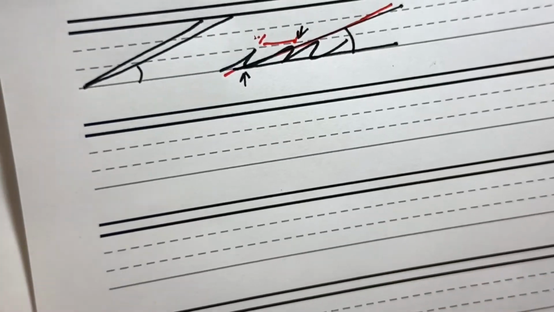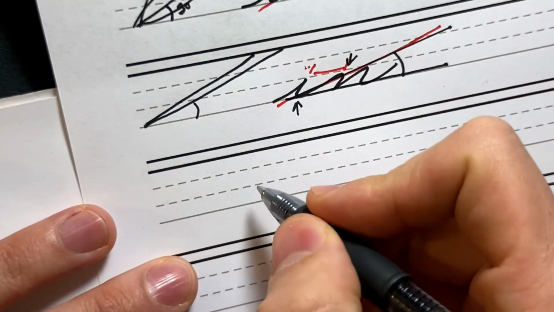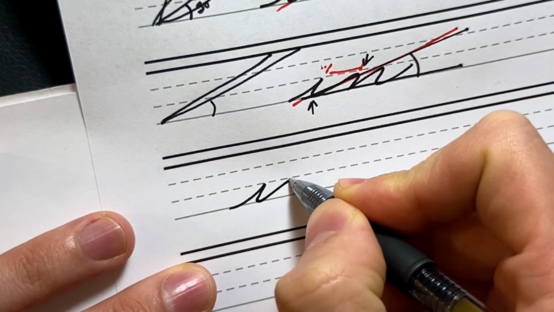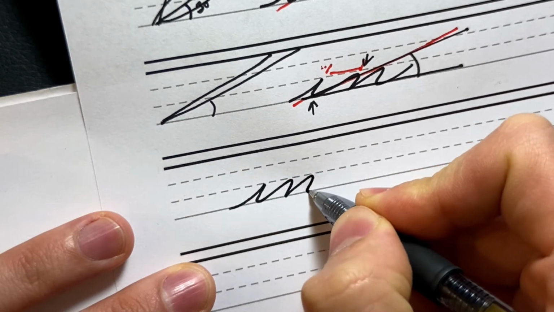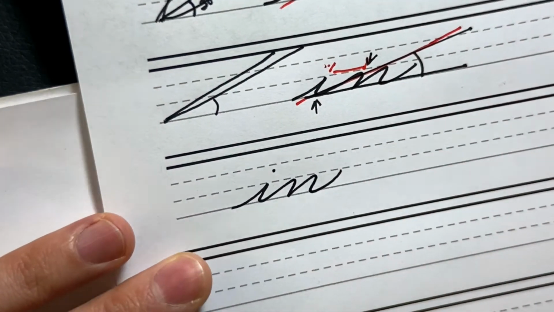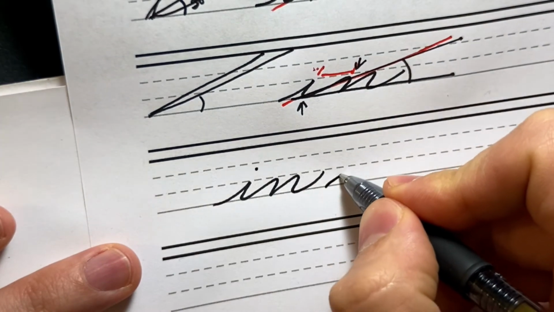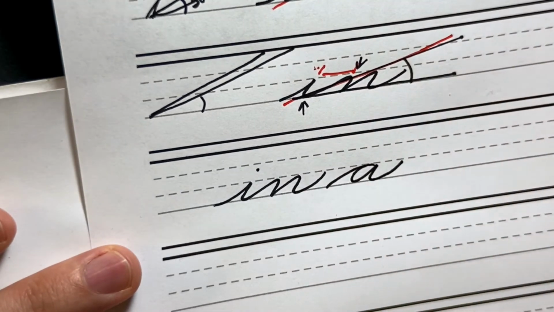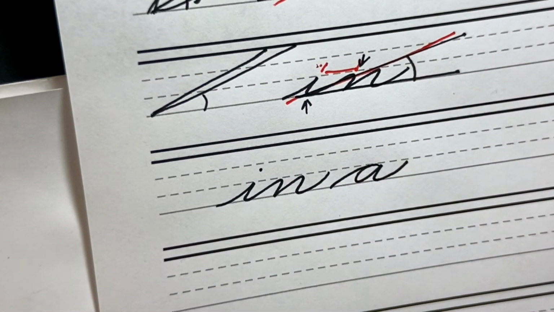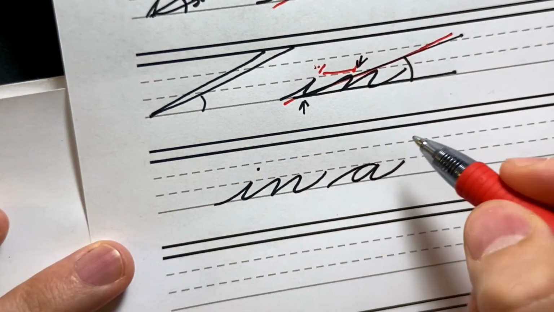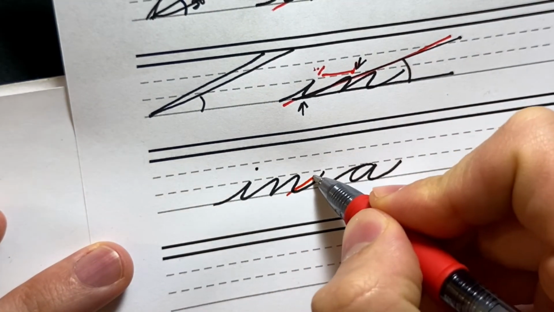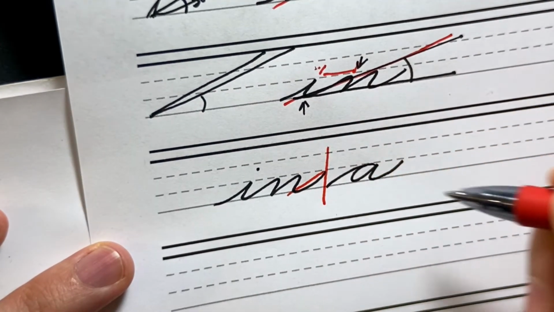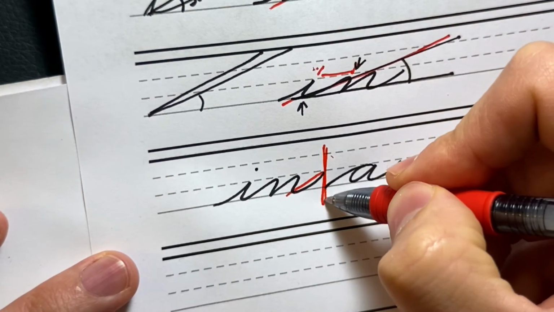Now, if we're looking at spacing between words, say we're writing two words like "in a," so I'll write "in," and I'm going to finish that stroke like that, my exit stroke, which is important. Then I'm going to start my next word, "a." All right. Now, what I'm doing here is I'm finishing my exit stroke on my connective slant, and then I'm visually thinking about a line straight down through like that.